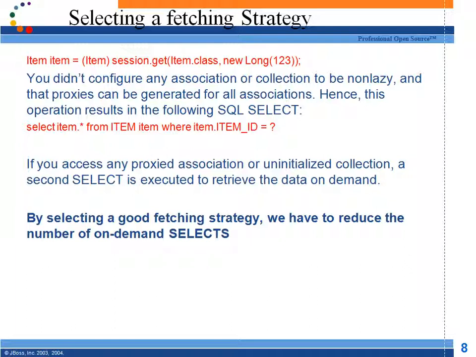If you try to access that bid, then only it will try to load it. If you access any proxy association or uninitialized collection, a second select query will be fired. Right? By selecting a good fetching strategy, you can reduce the number of on-demand selects.